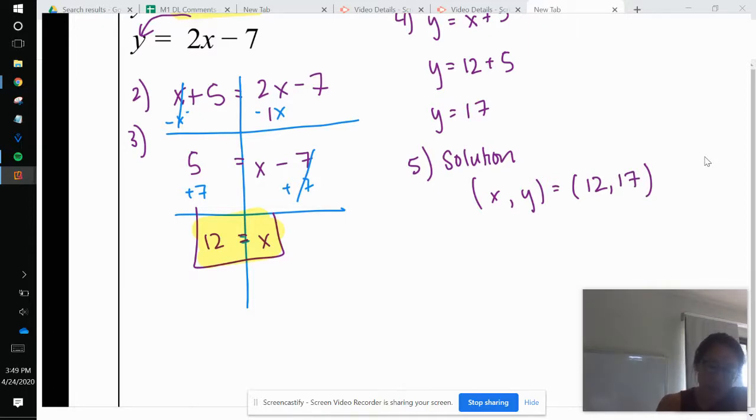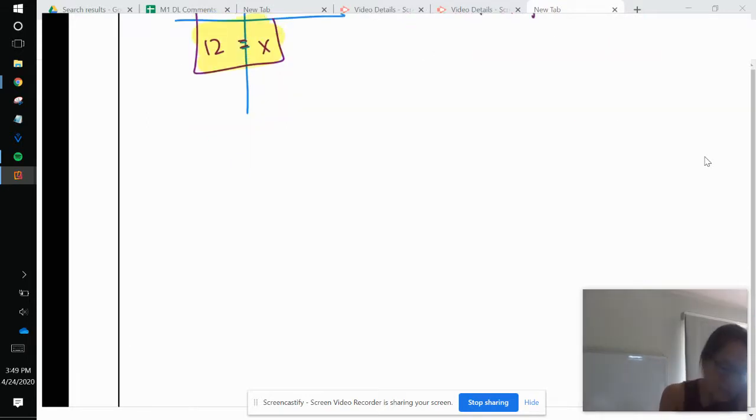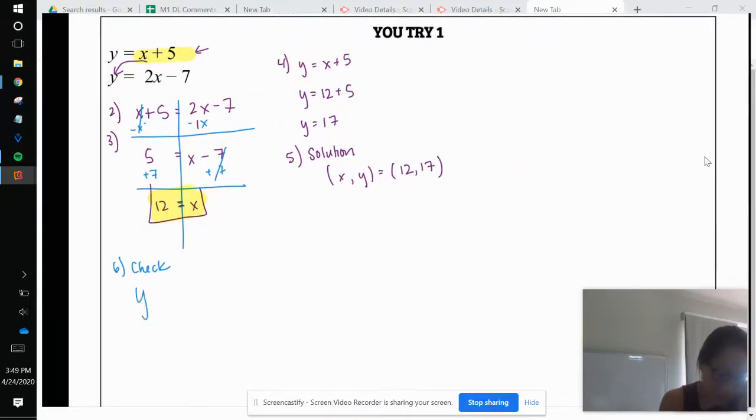Step number 6 is to check your work by graphing or solving algebraically. I'm going to go ahead and solve algebraically. So first equation is y is equal to x plus 5, and the second is y is equal to 2x minus 7. And I am checking the ordered pair 12 comma 17.